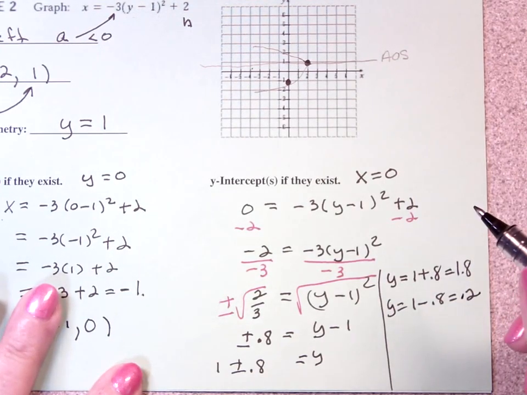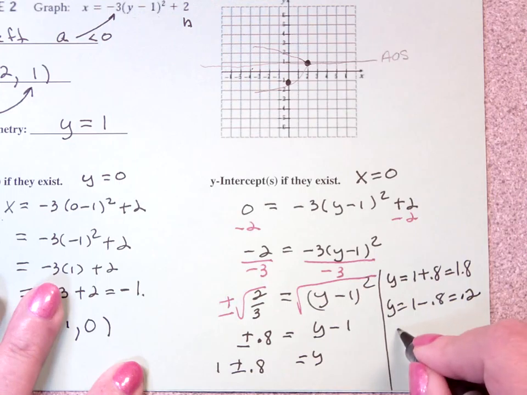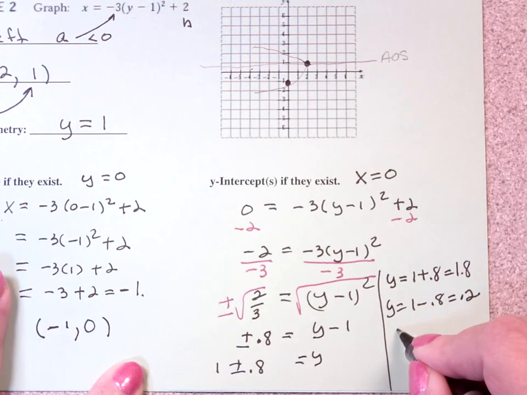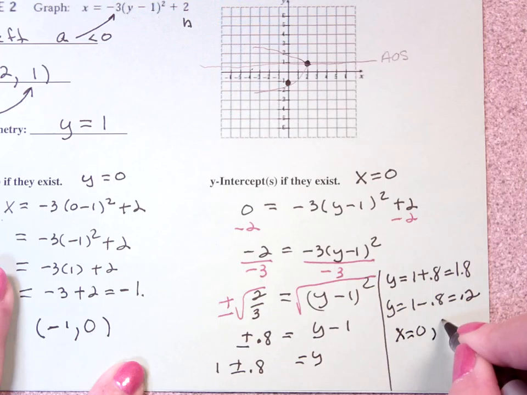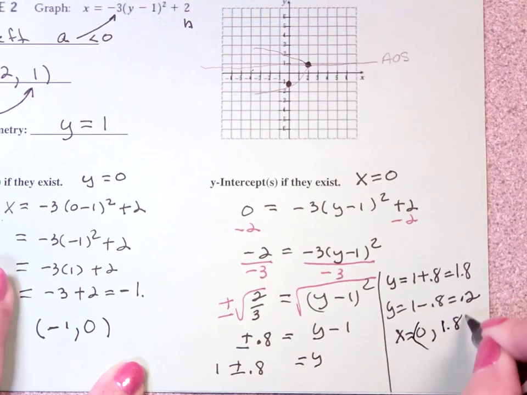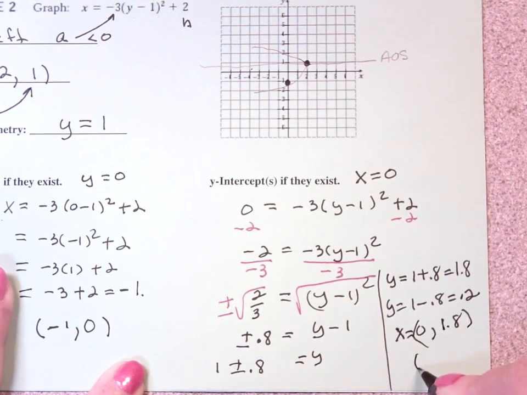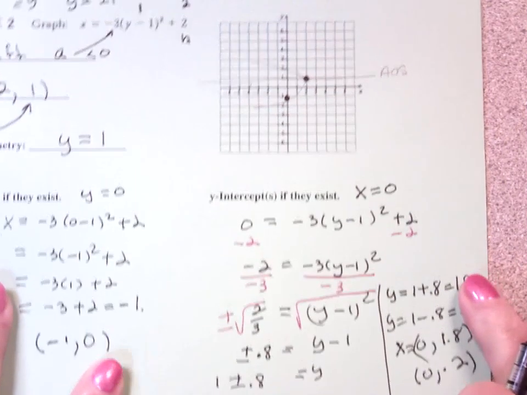So that says if x equals 0, y equals 1.8, and if x equals 0, y equals 0.2.